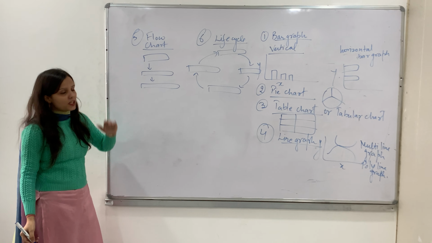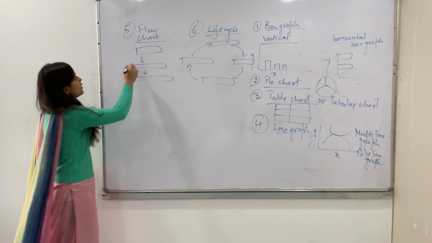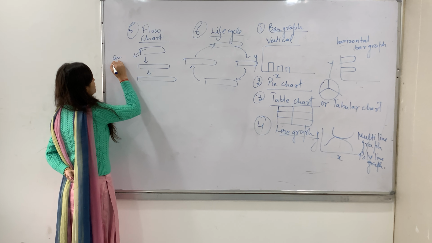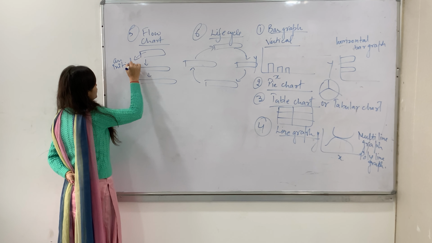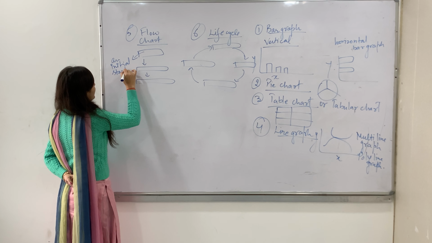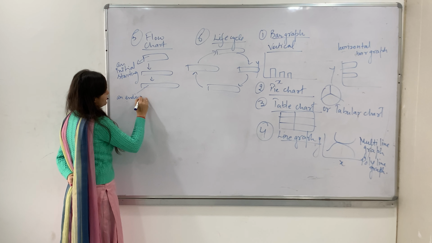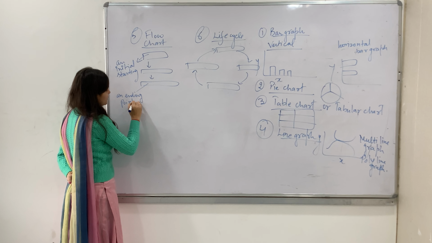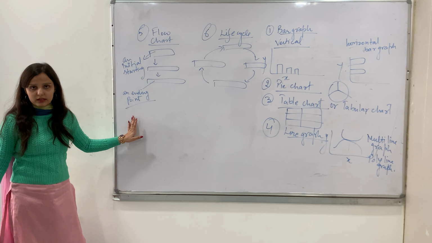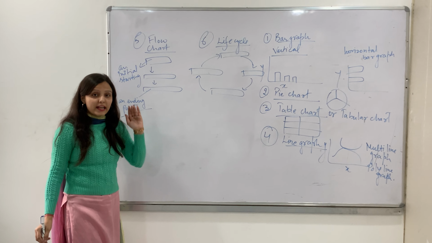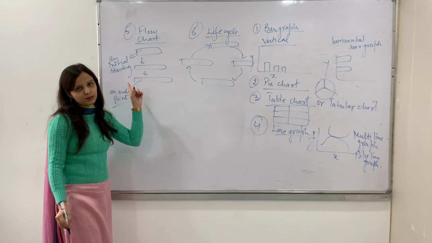Let me explain about the flowchart. A flowchart consists of an initial point, a starting point, and an ending point. This is the main identity of a flowchart, that it has an ending point as well as a starting point.